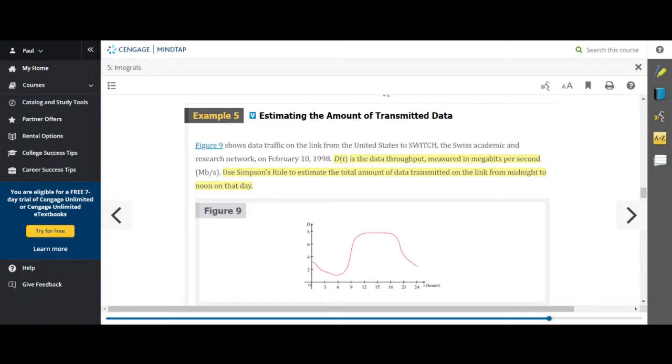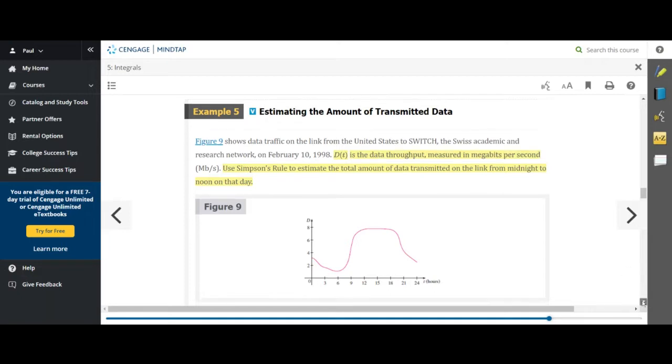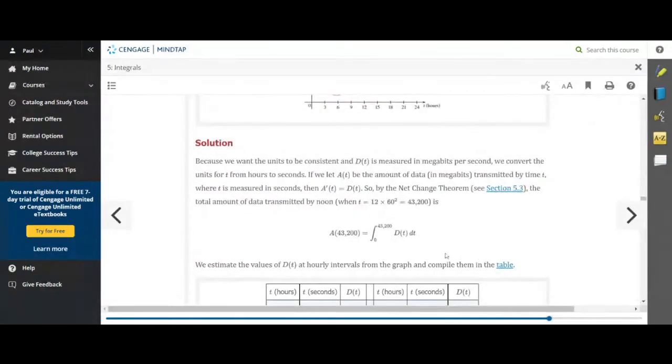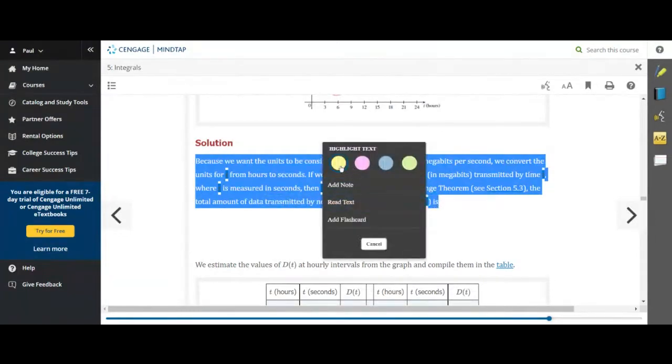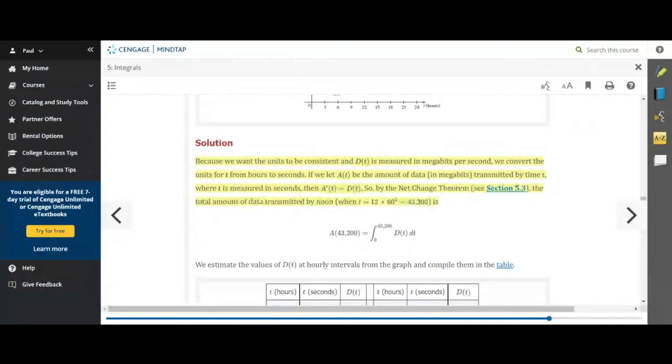So let's go down a little bit here. In our solution, we want units to be consistent, and d of t is measured in megabits per second. So in terms of our time, if we want to estimate the amount of data transmitted on the link from midnight to noon, that's 12 hours.